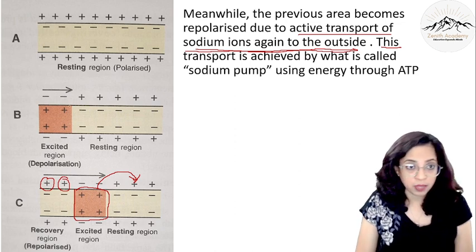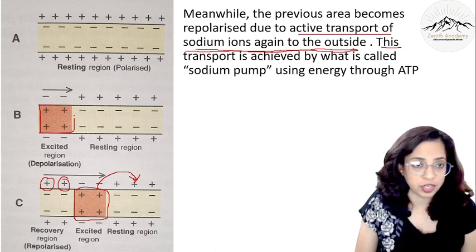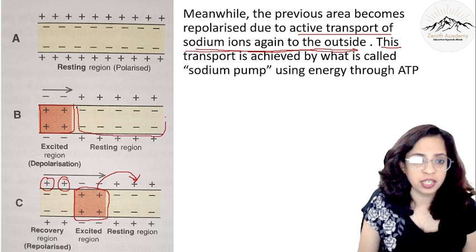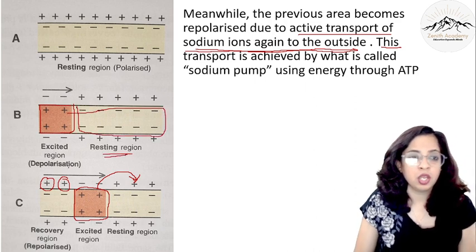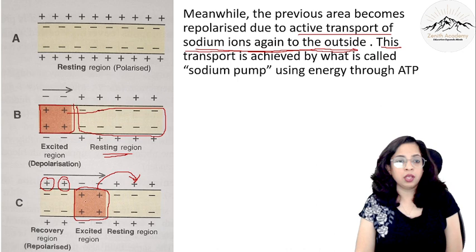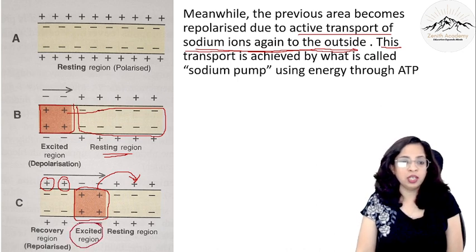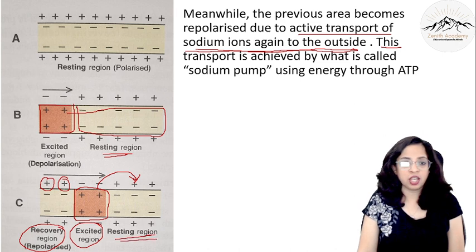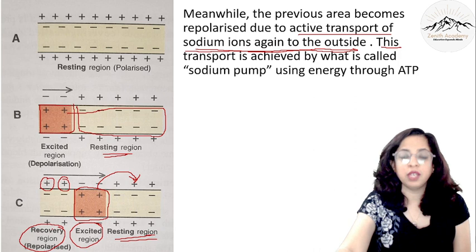So can you see, earlier this was the excited region and this was the resting region. Now the excited region has moved ahead and this becomes the recovery region, which is again repolarized.